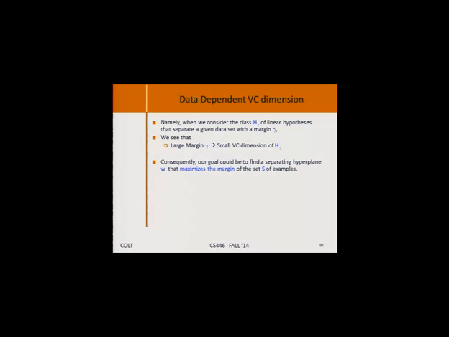In order to get from here to an algorithmic intuition, there's one other step. The goal would be to find a separating hyperplane that maximizes the margin. And it turns out that if you have a bunch of options for W's, the one that maximizes the margin is the one that has small size.